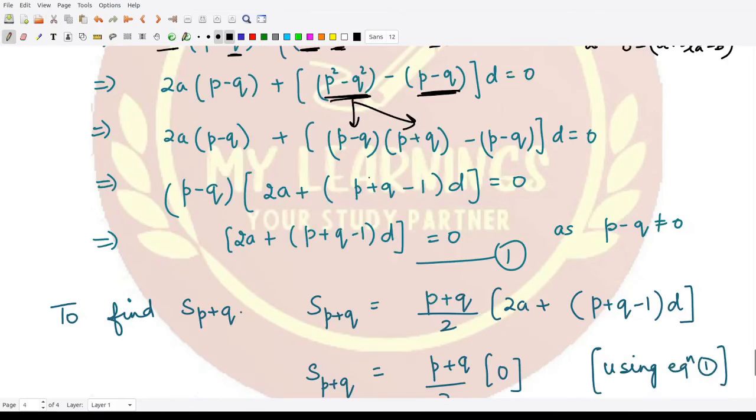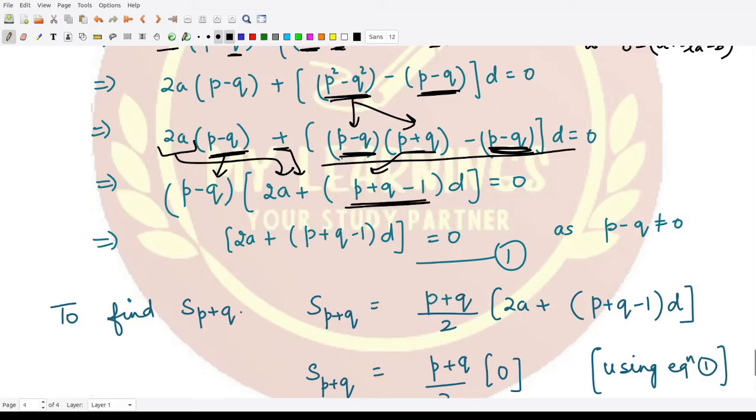Next, we can take p minus q common from these terms. In fact we have p minus q here also, so we may take p minus q common from all three terms. So p minus q multiplied by what is left behind: we are left with this 2a, plus as such this p plus q, and here we are left with minus 1, and the whole of this term is multiplied with d. So the whole of this term multiplied with d is equal to 0.